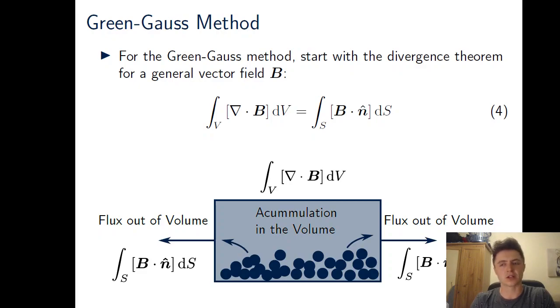Now, at first glance, the divergence theorem might look a bit arbitrary, and we might think, well, what does this physically mean? Where does it come from? And we might spend a long time looking up on the internet to try and work out what the divergence theorem actually is.